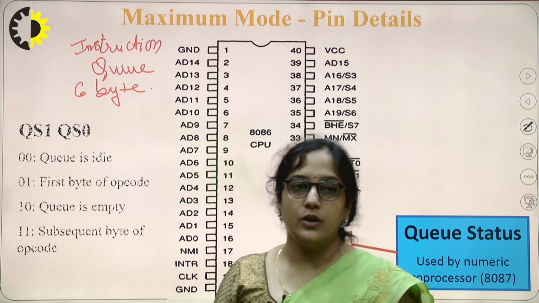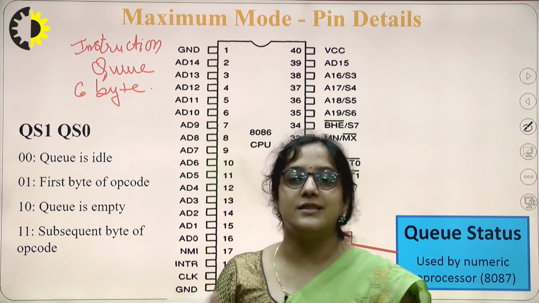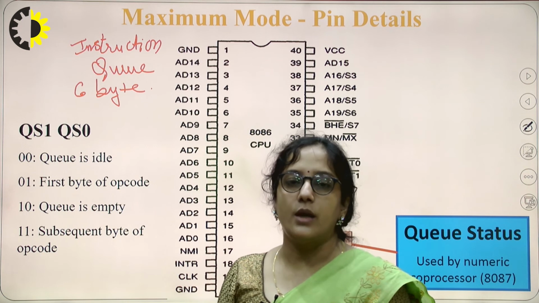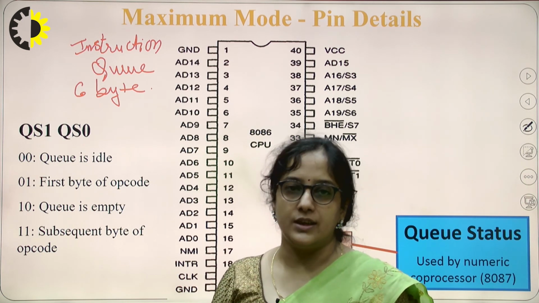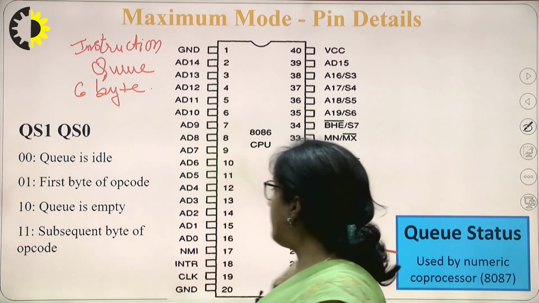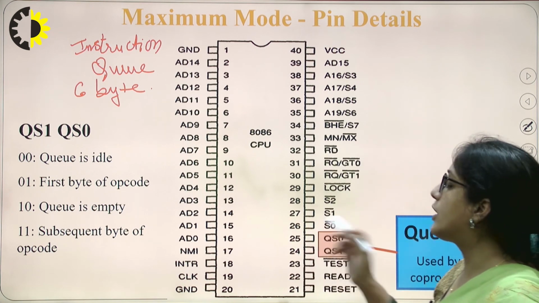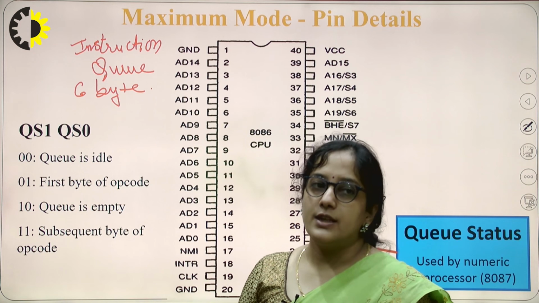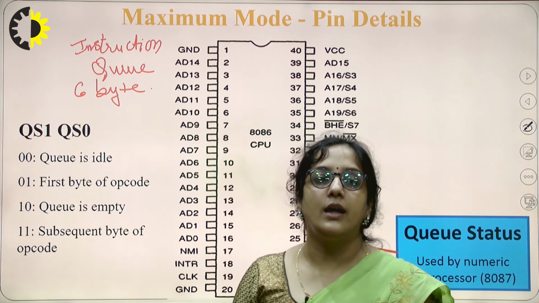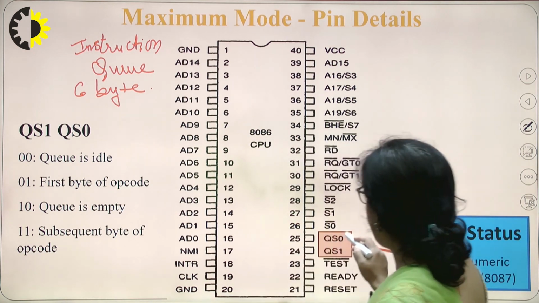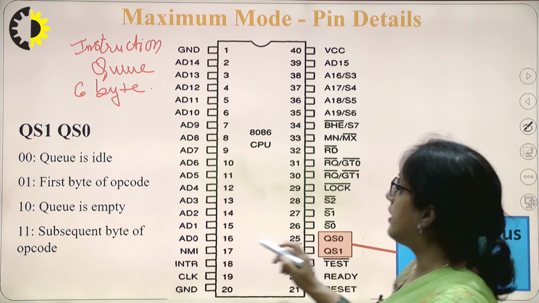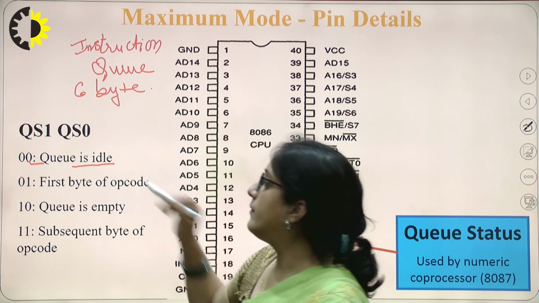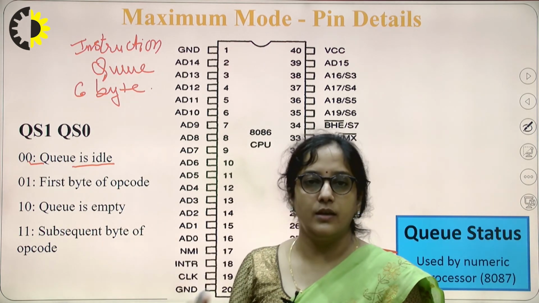If any programmer wants to see the status of that queue, by monitoring pin numbers 24 and 25, we can see the status of the queue. If these two pins, QS1 and QS0, pin numbers 24 and 25, are 0, then the queue is idle, meaning there is no operation on the queue.